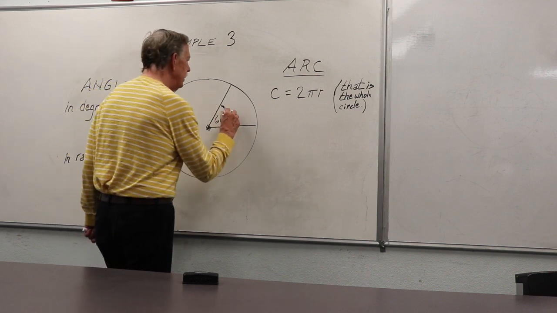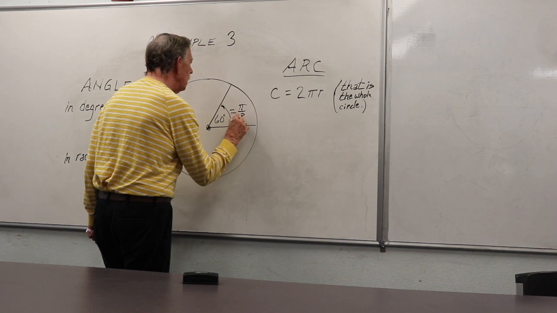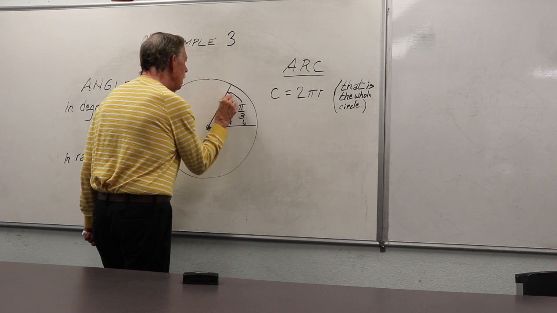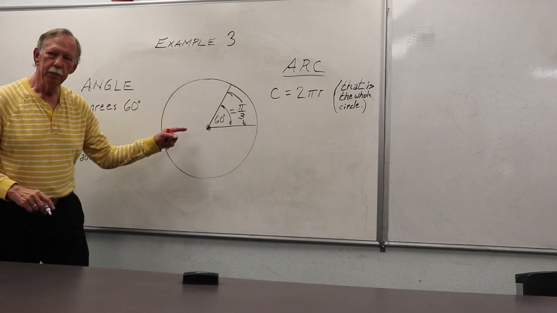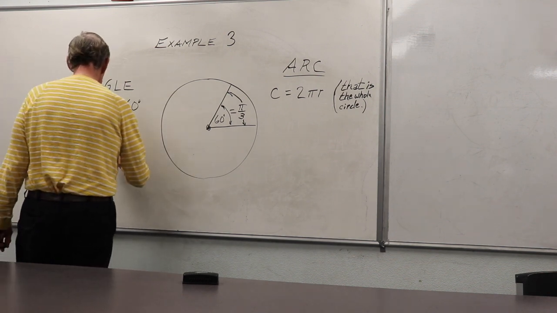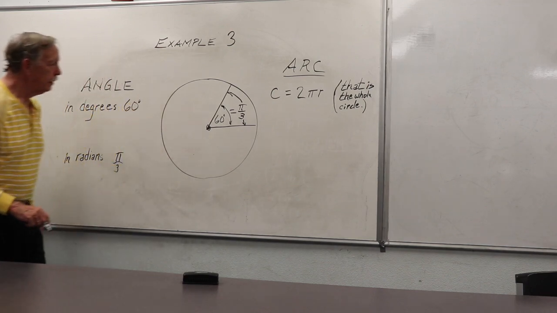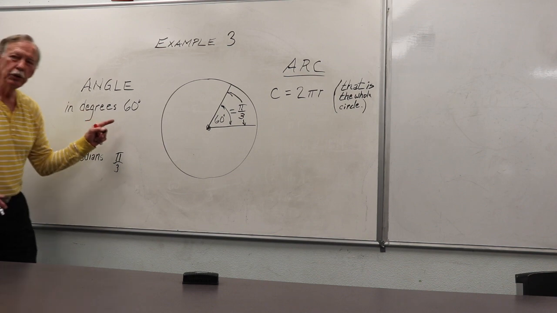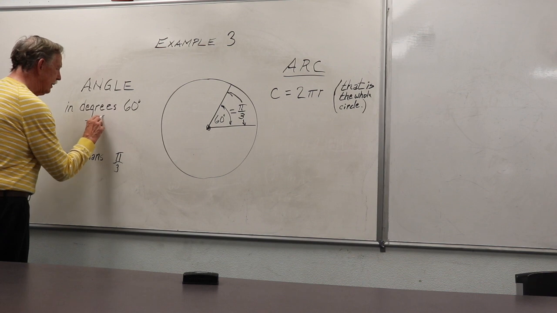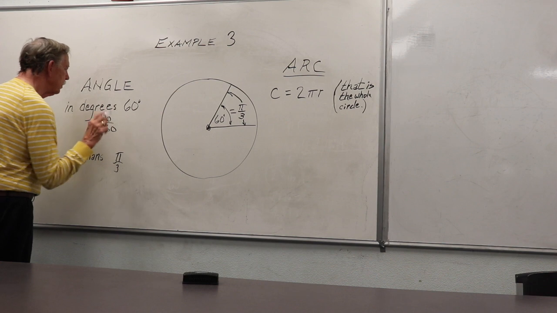In radians, that same angle is pi thirds radians. How much of the total 360 is this? Well, 60 divided by 360.